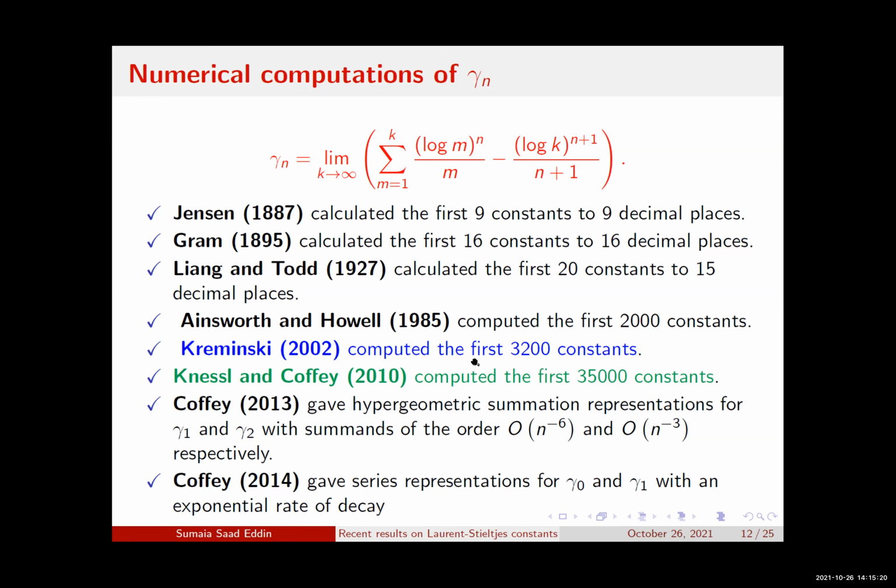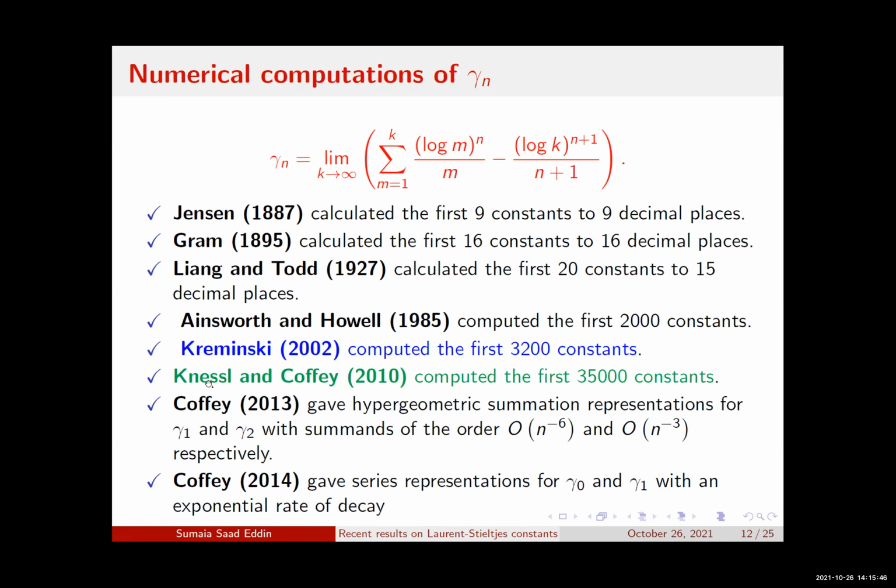Actually, he computed the first 3,200 constants, and in his paper, he expressed gamma n as a limit of a more rapidly convergent sequence than this one here. And his method produced higher precision than had been obtained to date.